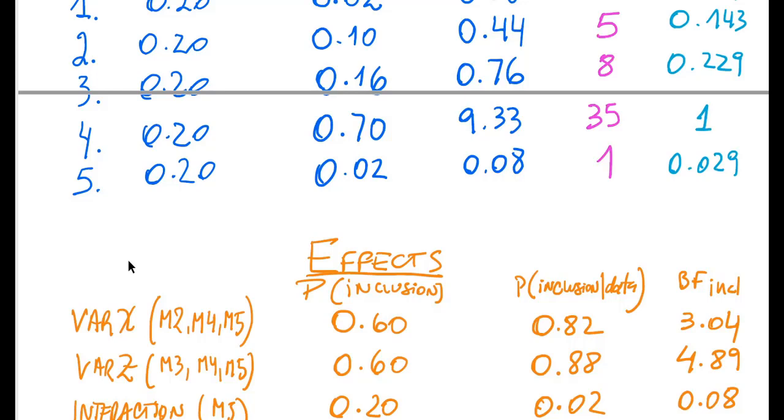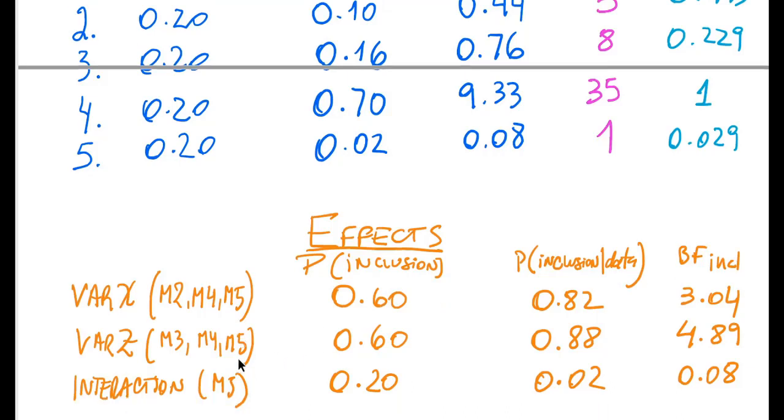And we've got it in model 5, which contains variable x, variable z, and the interaction between the variables. So we need to add the prior probabilities for all these models. Because the prior probability was 0.20 for each model, and we've got 3 models, now it is 0.60. JASP calls this the probability of inclusion, and this is the prior probability.